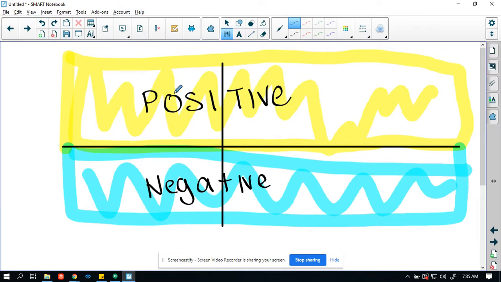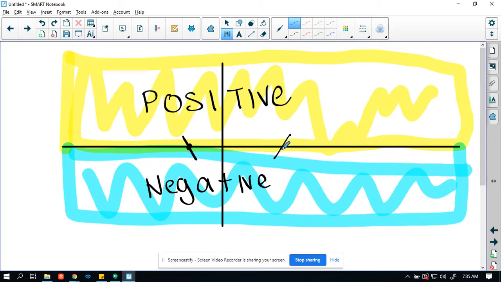And the only way we could go from positive to negative is if we cross the x-axis. So notice how even when x is negative, as long as y is positive, the function is positive. Even if x is positive, if your value here is negative, the function is negative.